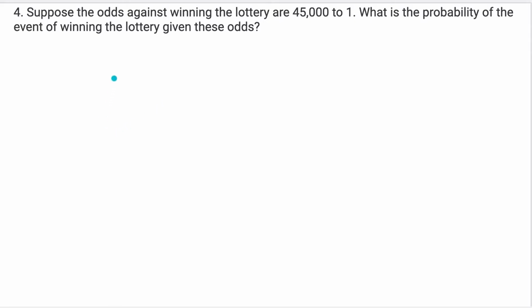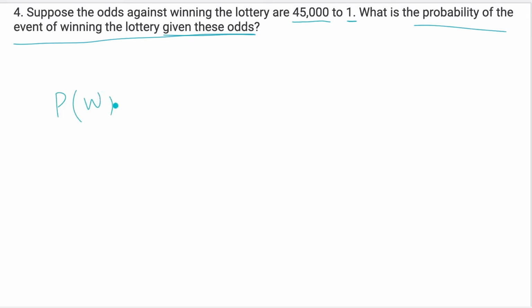Suppose the odds against winning the lottery are 45,000 to 1. So odds against the lottery is 45,000 to 1 means this is not gonna happen. You're not gonna win the lottery for 45,000 times, then you're gonna win only one time, right? So what is the total? To find the probability of the event of winning the lottery given these odds means you need to find the total number.